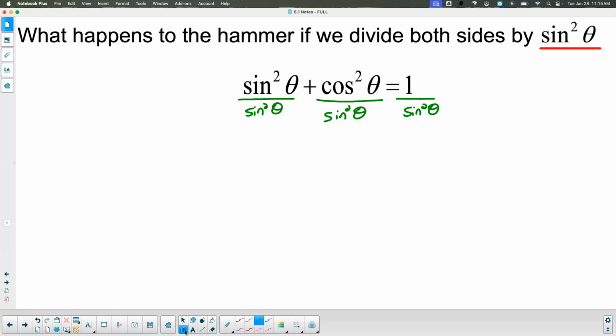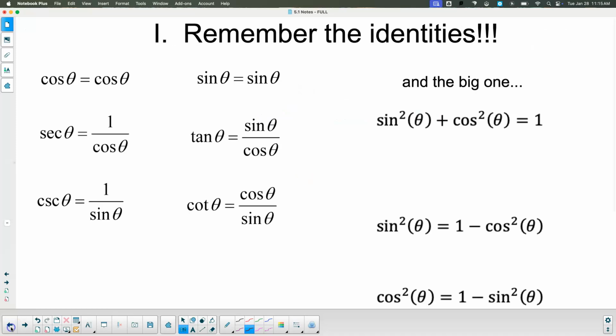Well, what's sine squared divided by sine squared? 1. What's cosine squared divided by sine squared? Tangent squared? Be cotangent, right? Because tangent was sine over cosine. Cotangent is cosine over sine.